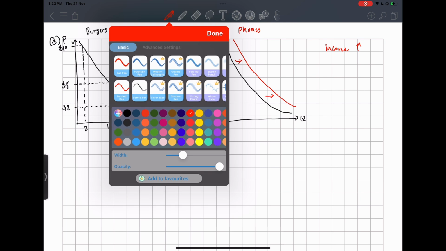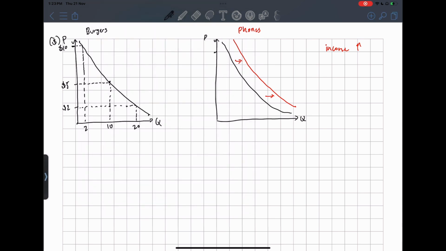Previously, we're talking about phones now, at $1,000, demand is pretty low because $1,000 is a pretty expensive phone. But if we get rid of the old one, let's just mark it: over here was the previous demand.